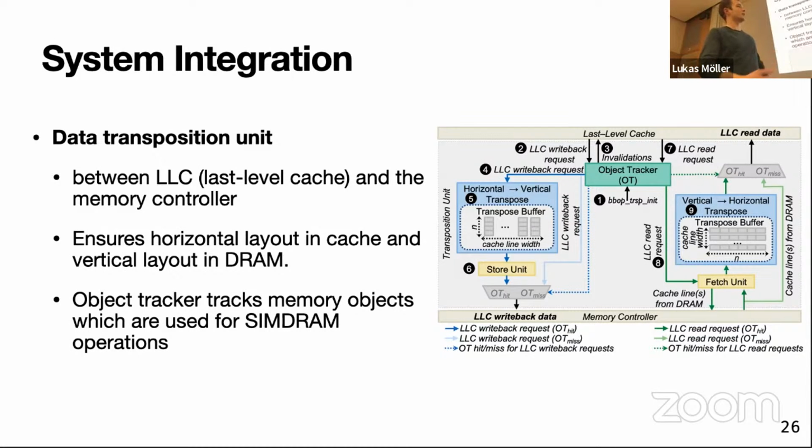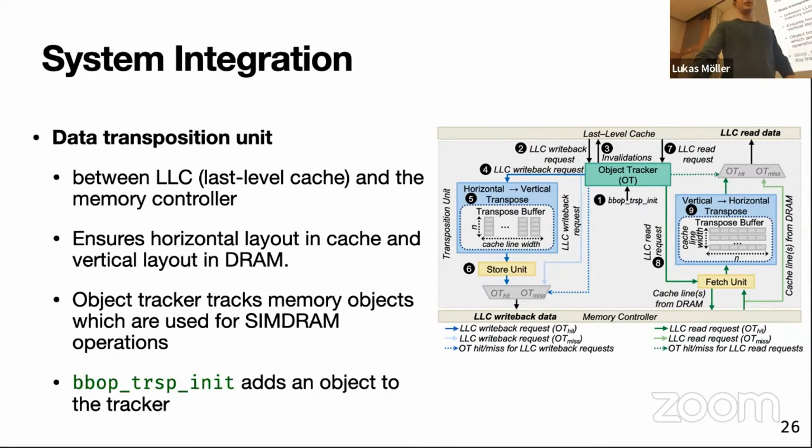And in the other direction, when the LLC issues a read request, it will see if that is a SIMDRAM object, and if necessary, transpose it before returning it to the last level cache. And we can use the BB-op transpose init operator to add a new object to that object tracker.